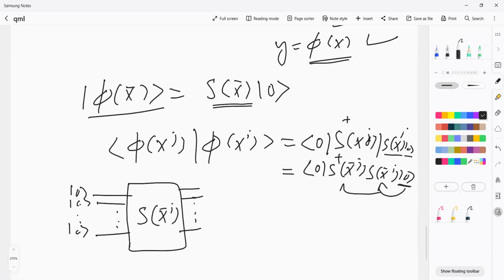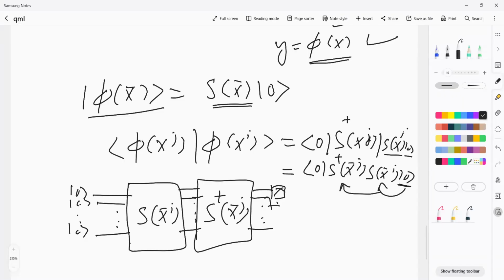After this I apply the next operator, which is the dagger of this circuit encoding another data vector xj, not this one. And then at the output, I just do measurements.